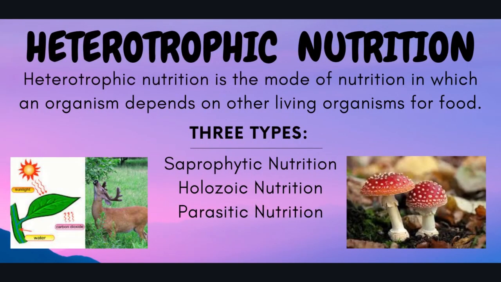So the second type of nutrition we have is heterotrophic nutrition. In this type of nutrition, organisms depend on other living organisms for nutrition and food. We have further three divisions of heterotrophic nutrition, which are saprophytic, holozoic, and parasitic nutrition.